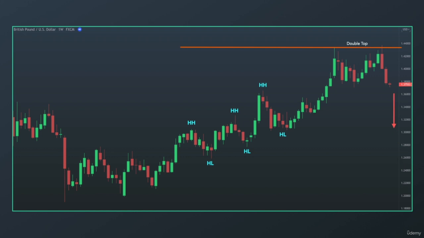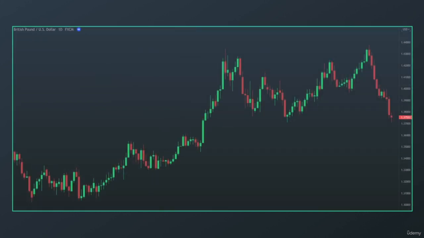All right. Now, to add confirmation to our bias, we can look at the daily time frame. We have to see a bearish price action. Coming from an upside move, price moved down, then moved up, established a resistance level right here, rejected once, rejected twice.